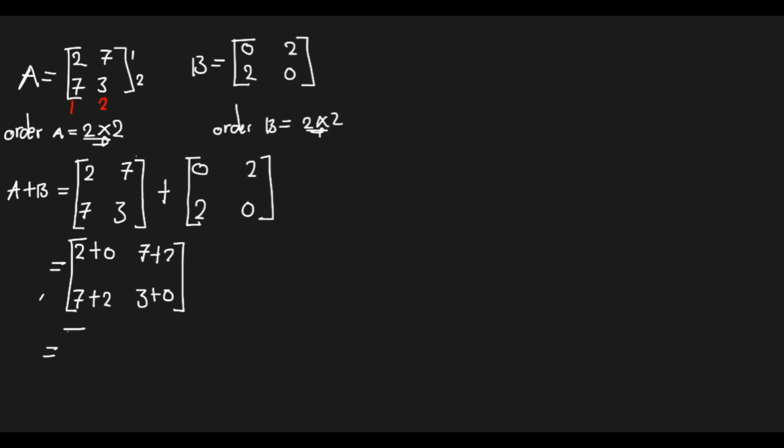Then our final answer: 2 plus 0 is 2, 7 plus 2 is 9, 7 plus 2, another 9, and 3 plus 0 is 3. So this is the sum of matrix A and B.